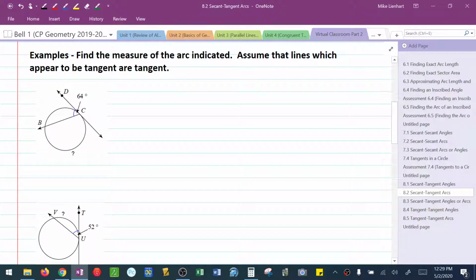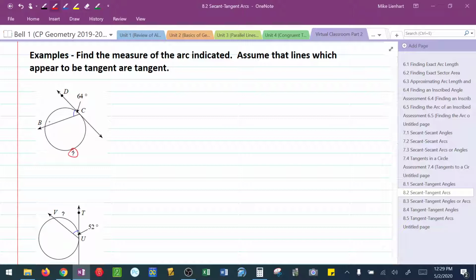Now in this particular problem, the first thing I want you to see is that they've got the question mark on the arc. There are a couple of different ways I can do this problem. One way would be to find arc BC first, and then subtract that from 360. That will work to find the question mark.